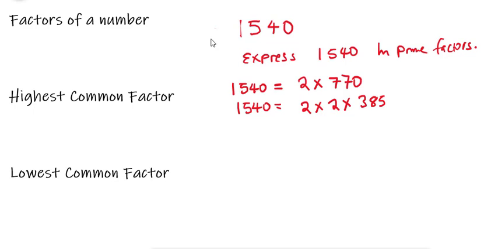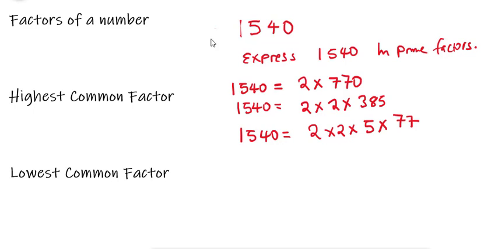If I look at 385, firstly, this number is not divisible by 2, so I'm not going to divide by 2. Secondly, it's not divisible by 3, because 3 is the next prime number. So the next available prime number is 5, and it's divisible by 5. So 1540 is equal to 2 times 2 times 5 times 77.